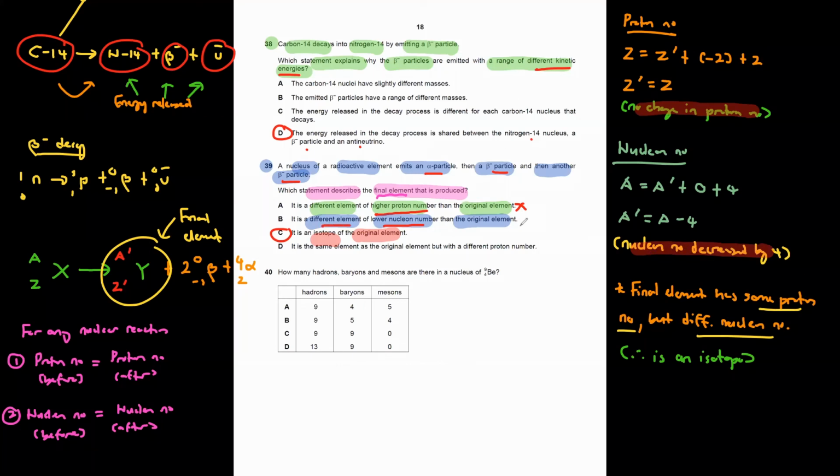But what made this answer wrong is the fact that they say it's a different element. Okay, so when you have no change in proton number, this means it is the same element.